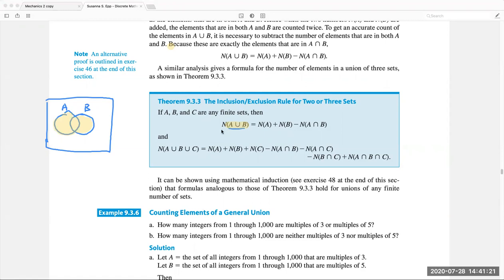So the number of elements in the set A union B equals n(A) plus n(B) minus n(A intersection B). Now why do you need to minus this one? Let me draw this area. This is the area where they overlap, okay? If you count A union B, you just want to count the numbers in this area. n(A) is this one, n(B) is this one.